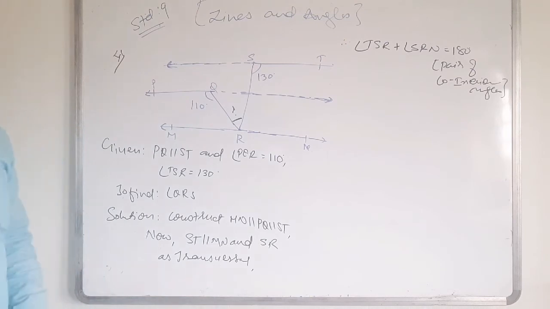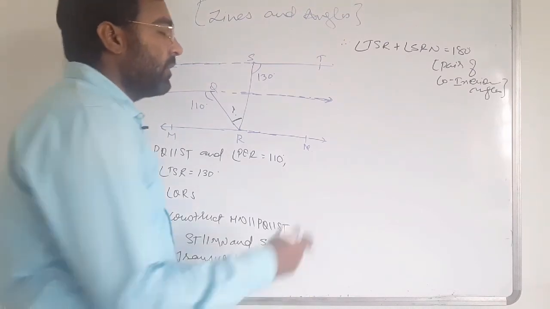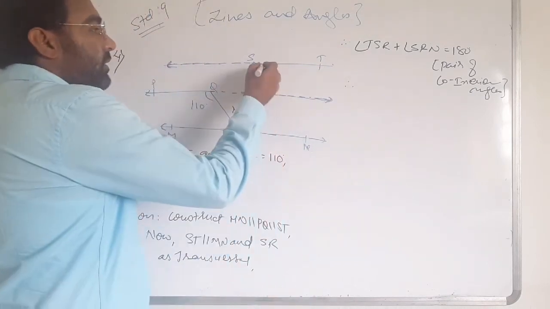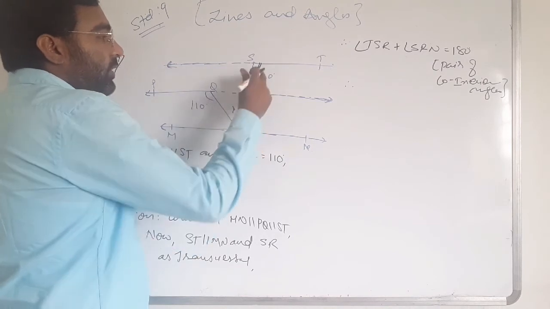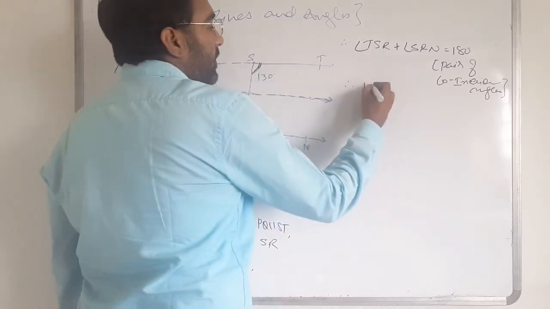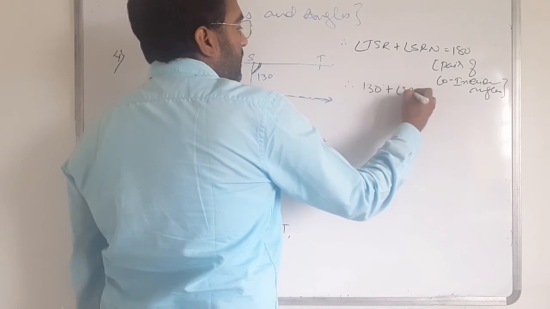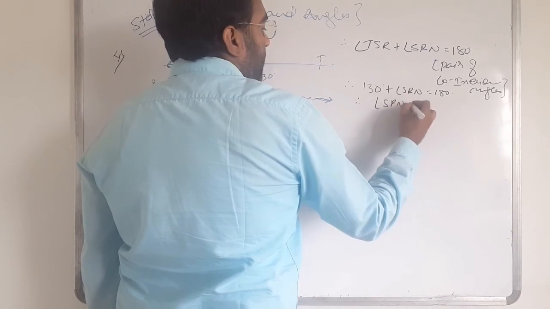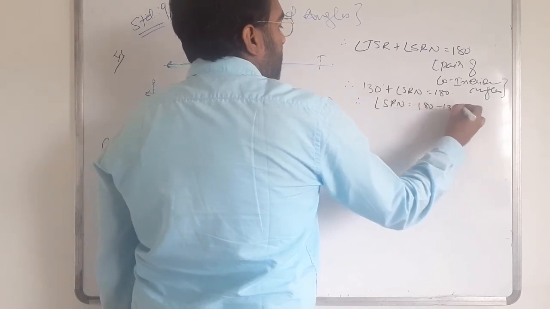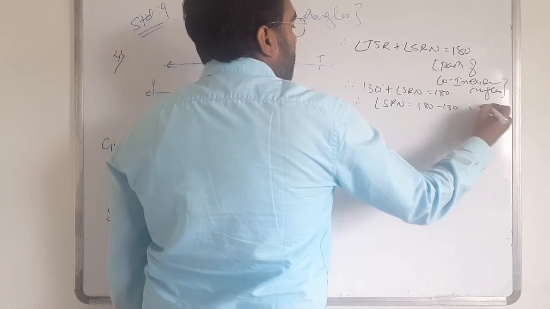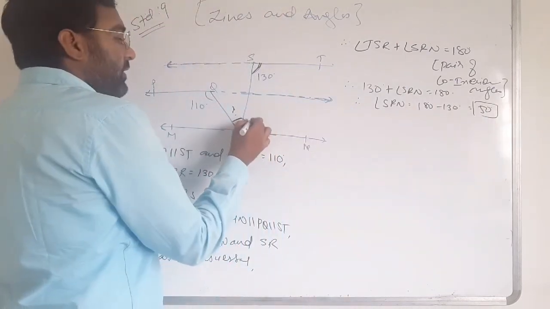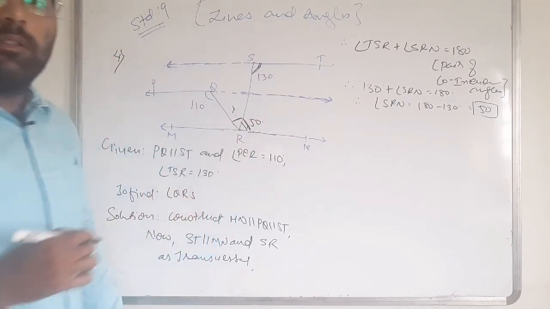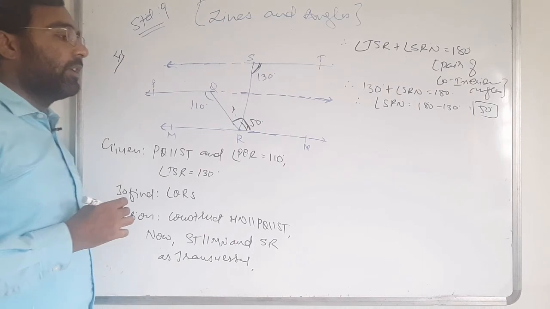TSR is given as 130, plus SRN equal to 180, therefore angle SRN equals 180 minus 130, that is 50 degrees. So this part of the angle is equal to 50 degrees.